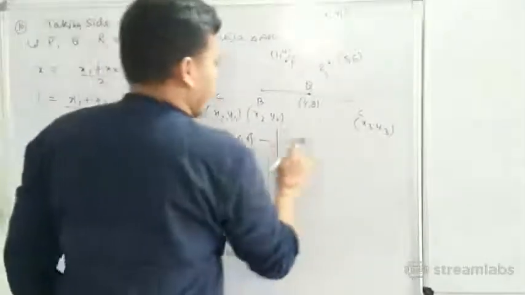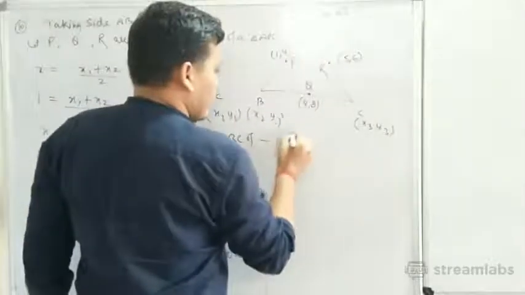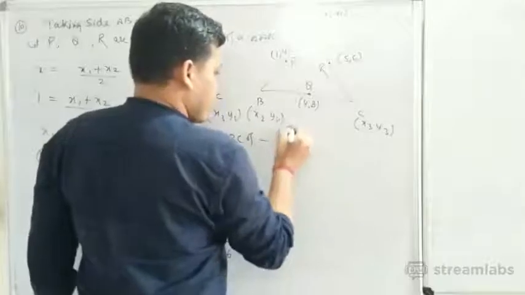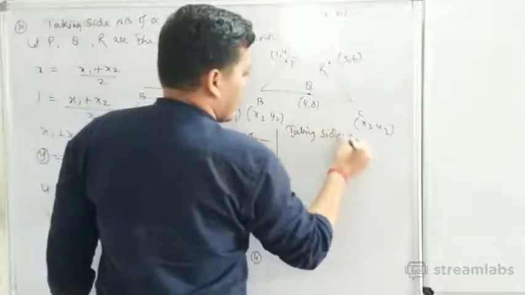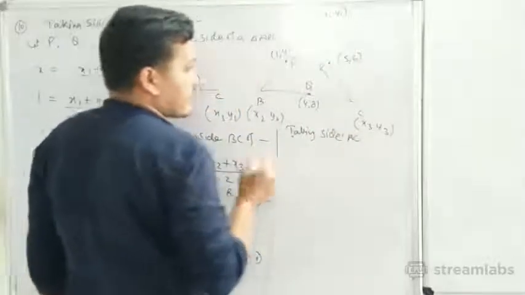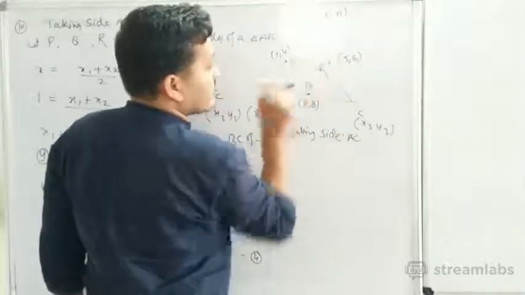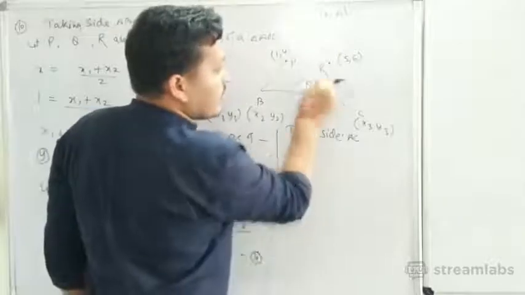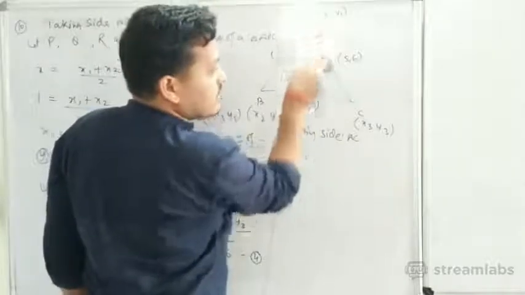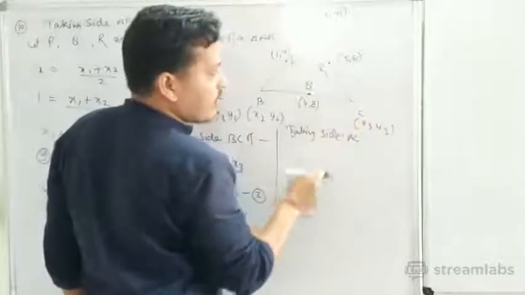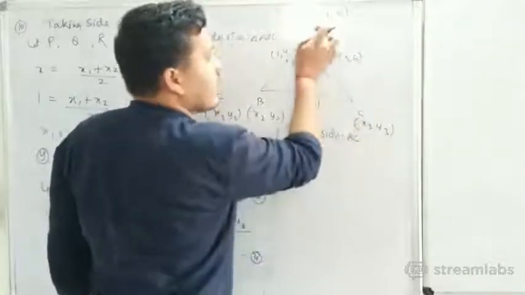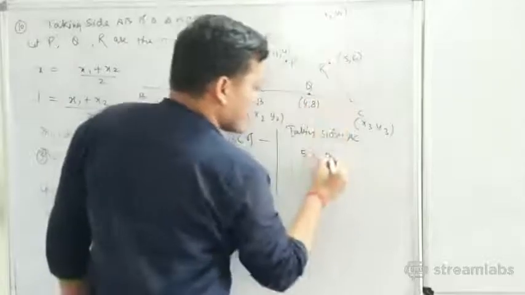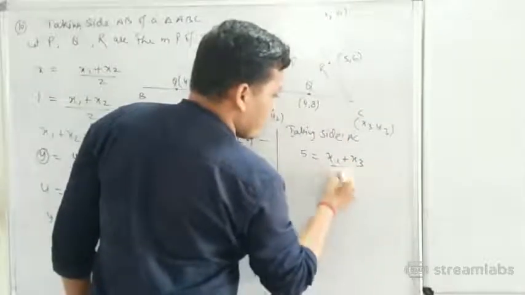Next, which side is remaining? The third side, AC. On taking side AC, the midpoint is this point plus this point divided by 2. Here x is equal to 5, with coordinates x3 and x1, so x1 plus x3 divided by 2 is 5.